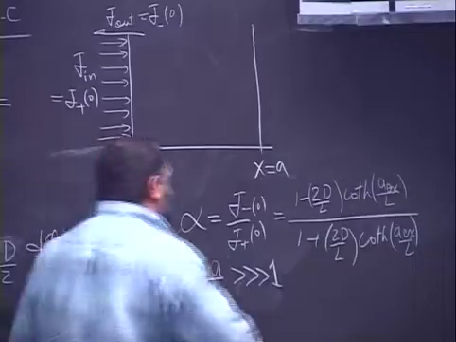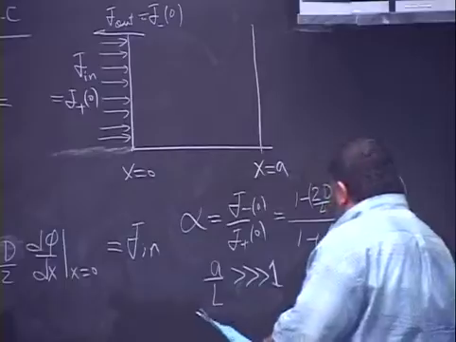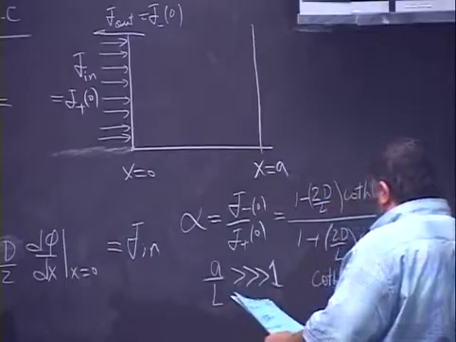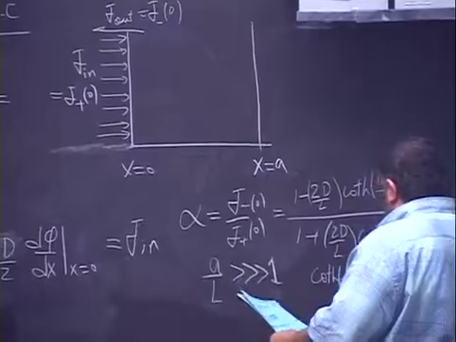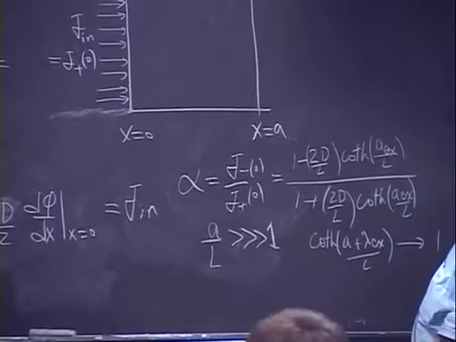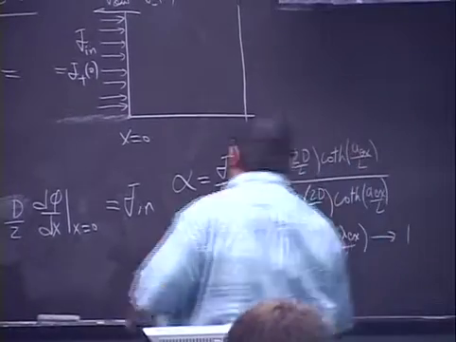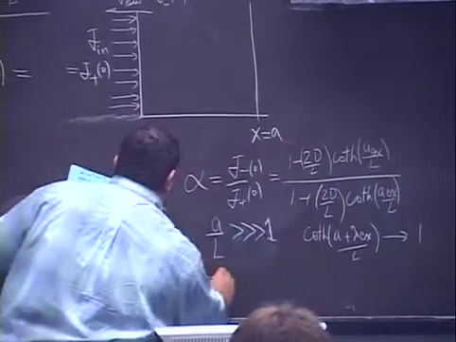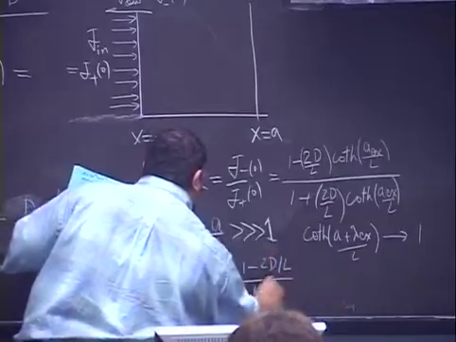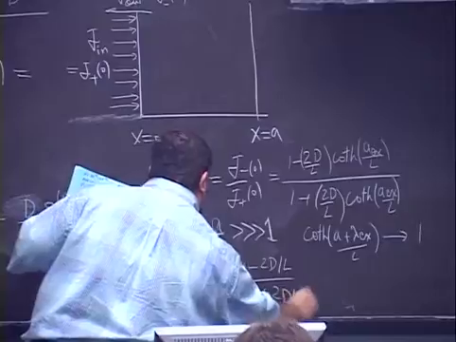So in this case, the coth of A plus lambda extrapolated over L will go to 1. The coth will go to 1. And in this case, your albedo will be just 1 minus 2D over L divided by 1 plus 2D over L.